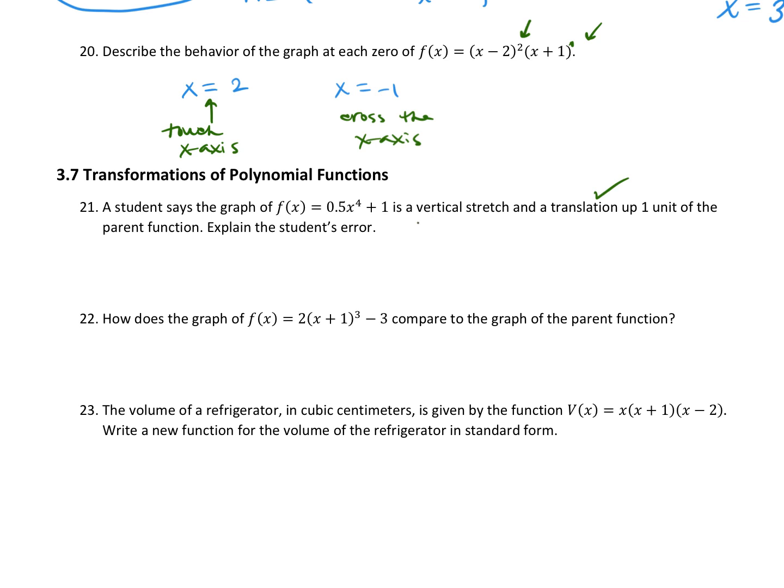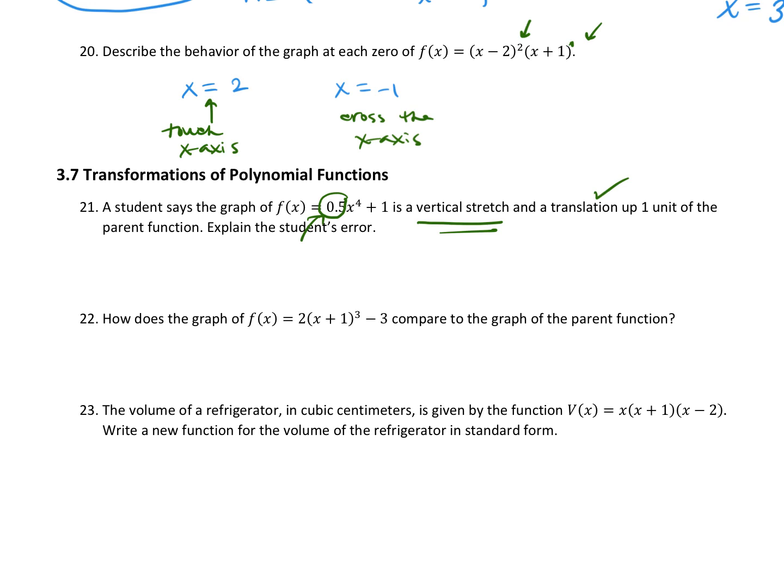Let's talk about this vertical stretch. They are getting a vertical stretch from this 0.5. That's what made them say that. We're multiplying out front by a 0.5, so it must be a vertical stretch. Well, if this number out front is greater than 1, then it would be a vertical stretch.